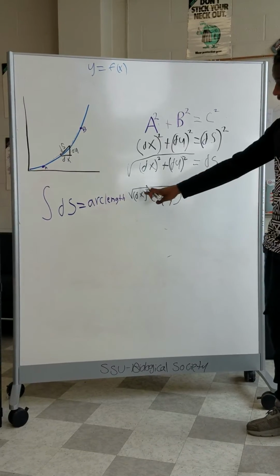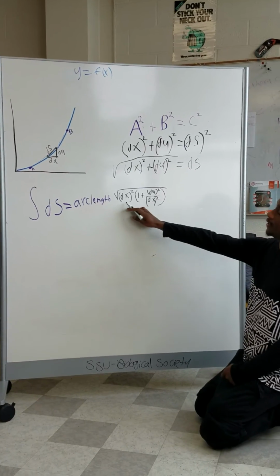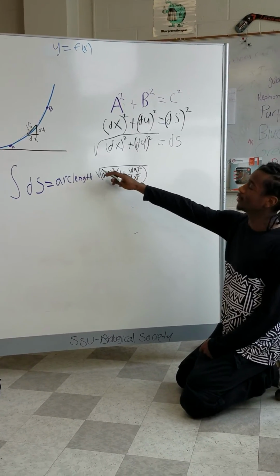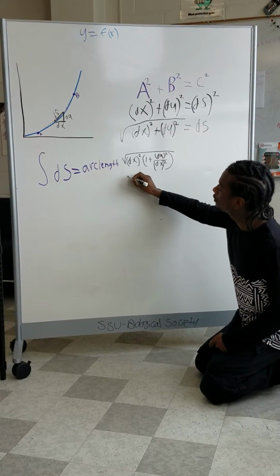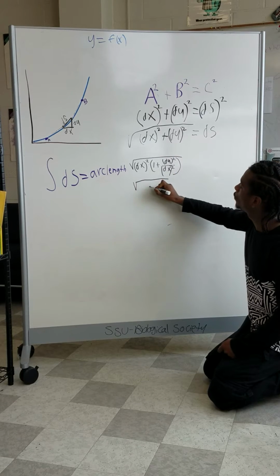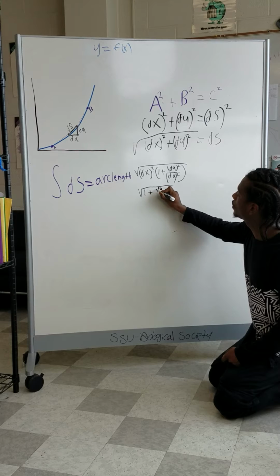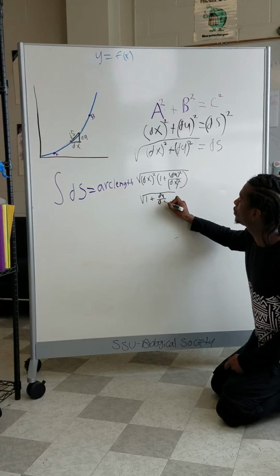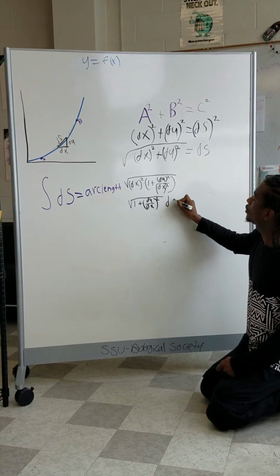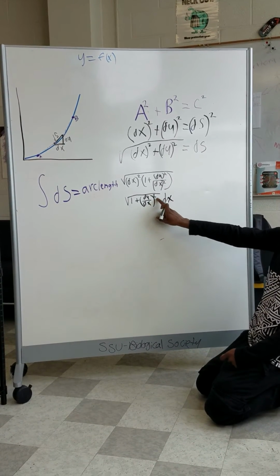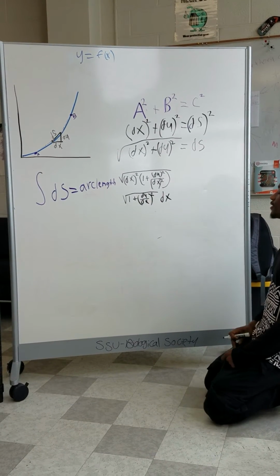Now, let me simplify this a bit more. We know dx squared, what is the square root of dx squared? Simple. And I pulled out the square from both the dy and the dx.